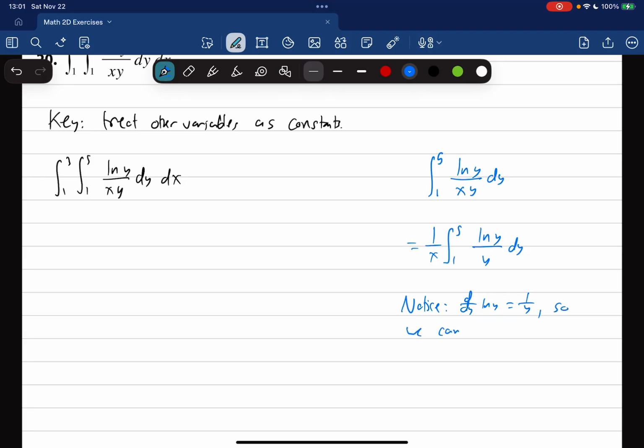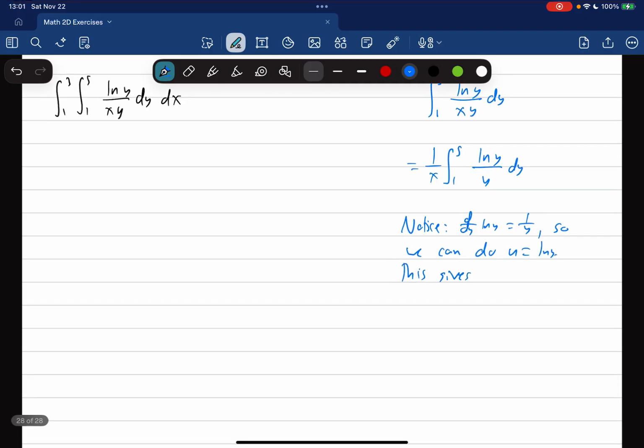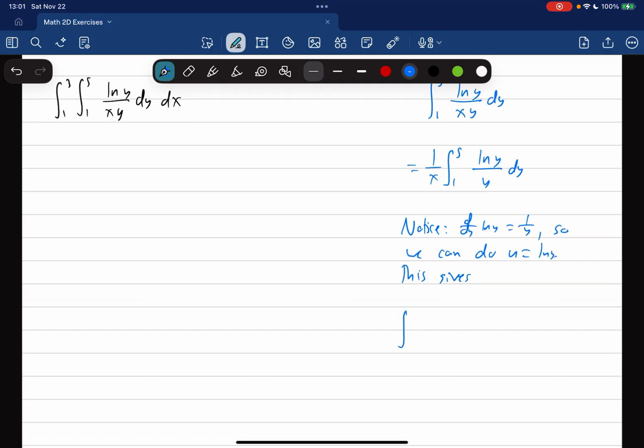We can do the substitution u equals ln y. This gives, after changing the bounds, 1 over x times the integral from ln 1 to ln 5 of u du, sorry.